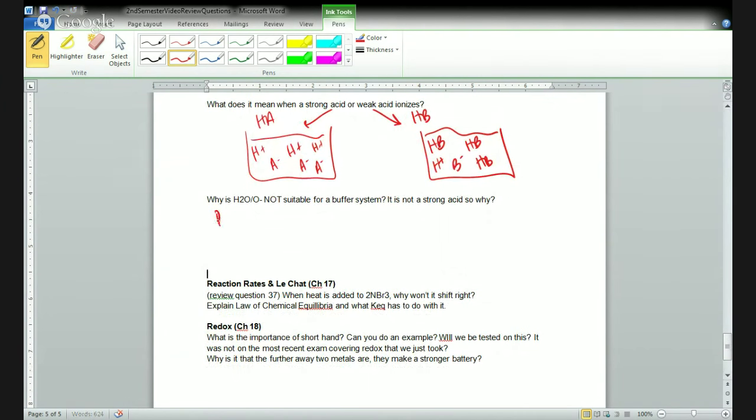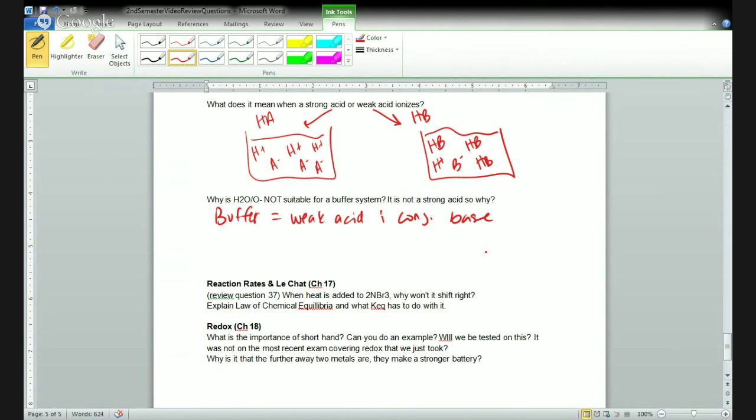So a buffer is going to have a weak acid. I'm going to write this a lot neater. It must be a weak acid and its conjugate base.